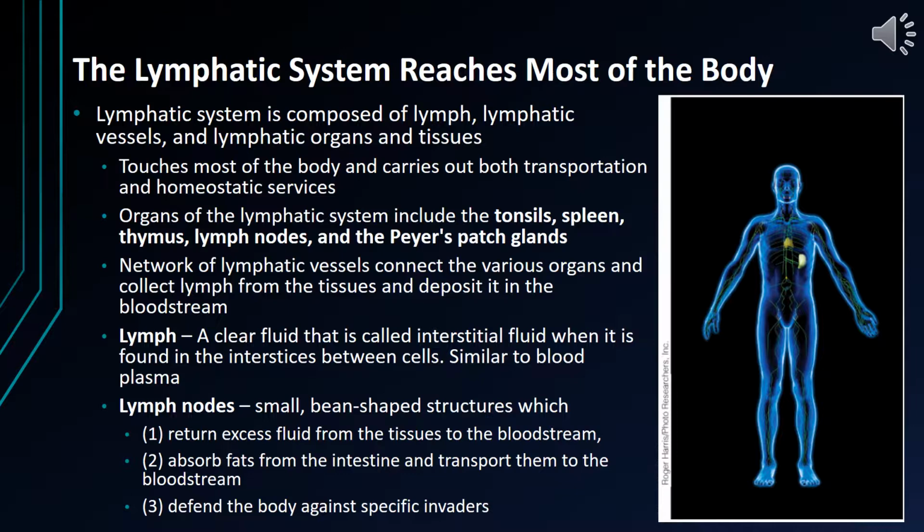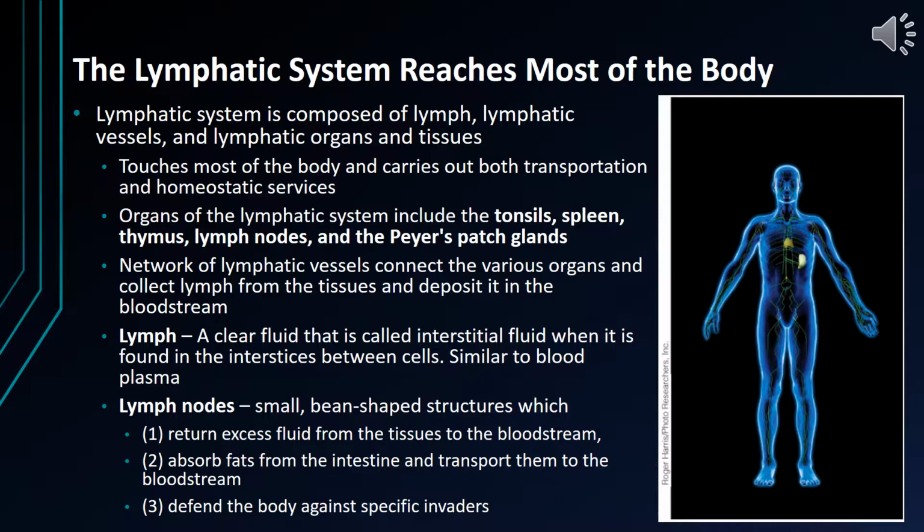Also within the lymphatic system are structures, or organs, called the lymph nodes, which are small bean-shaped structures. They're pretty much just nodules that pop up within the lymphatic vessels. Lymph nodes are responsible for returning excess fluid from the tissues to the bloodstream.